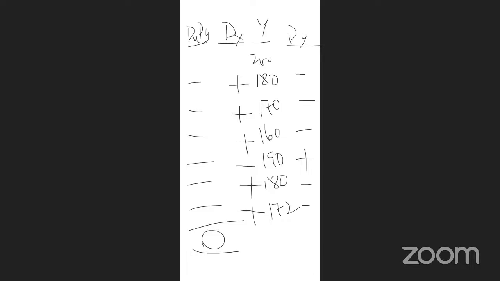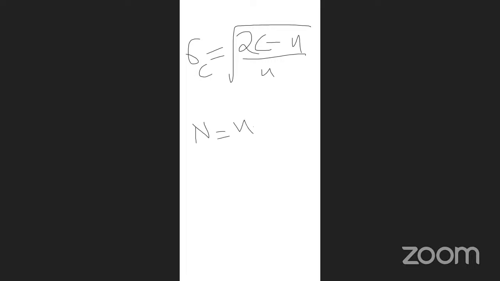Now the formula we apply: the concurrent deviation is rc equals plus or minus under root of (2c minus n) divided by n, where n is small n minus 1. Counting 1, 2, 3, 4, 5, 6, 7, so small n is 7 minus 1, which is 6. c is equal to 0.